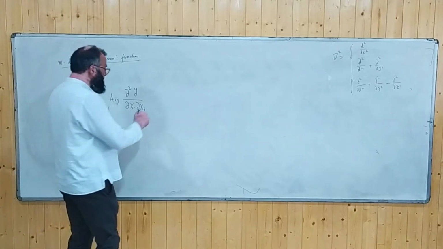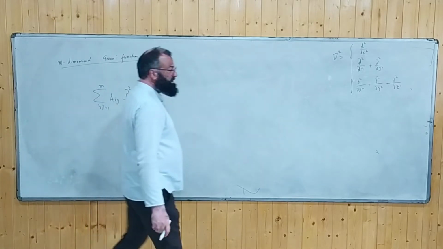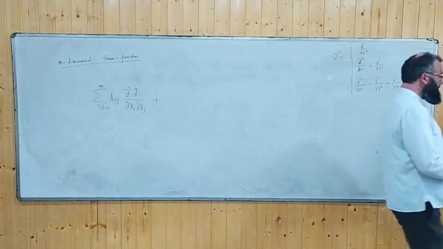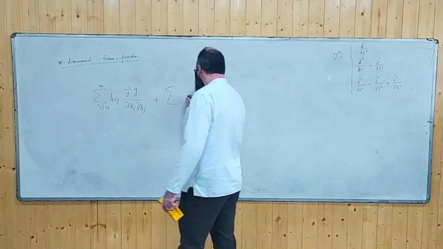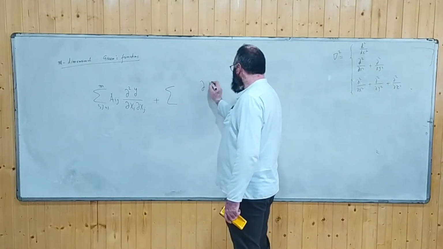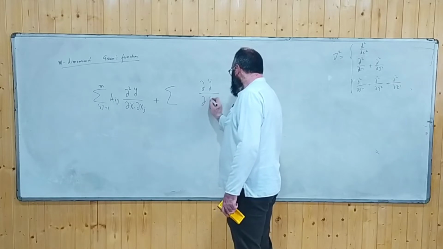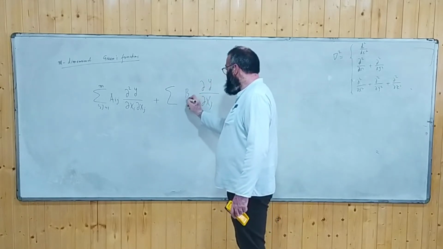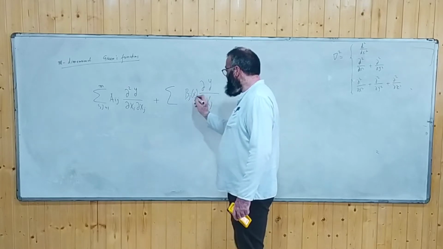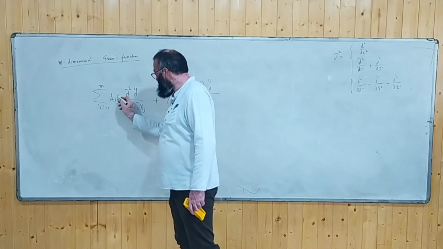So then you can put the linear order terms. Let me use the notation. Partial y by partial xj, simply linear derivatives, let's write this bj of x. This can in general be a function of x.